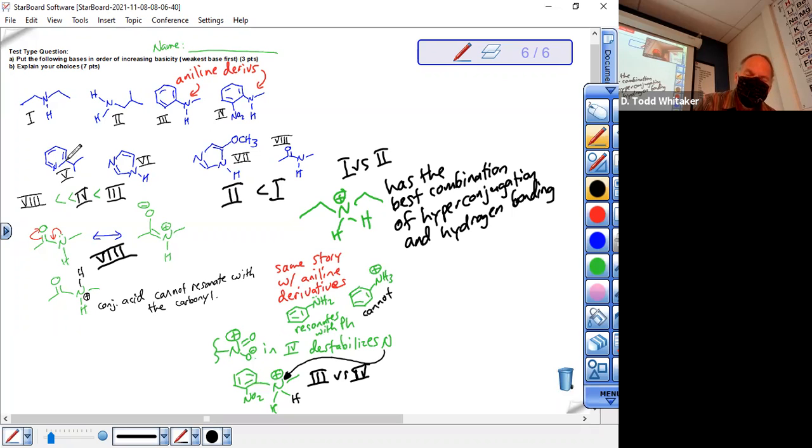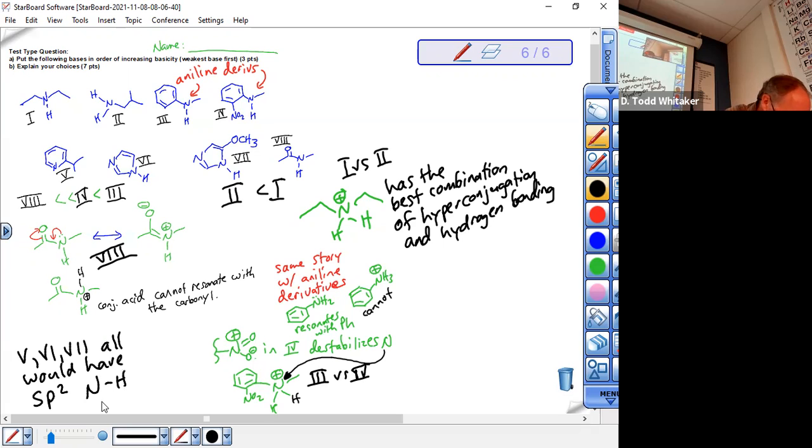Pyridines and imidazoles both suffer from the sp2 nitrogen destabilization of the cation. Wow, a lot of stuff. Better write it down. V, VI, and VII all would have sp2 NH plus.